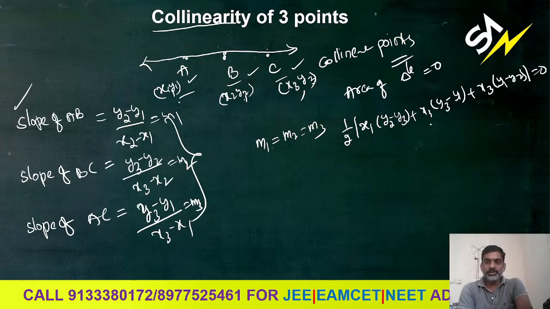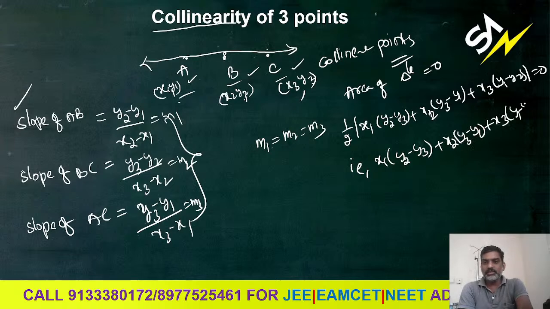This must be equal to 0. That is, x1(y2 minus y3) plus x2(y3 minus y1) plus x3(y1 minus y2) equals 0. Right? This is another way of proving the given 3 points are collinear.